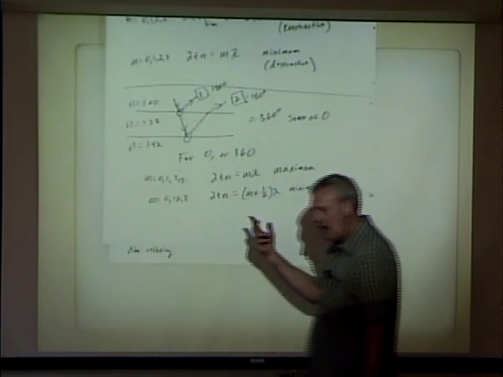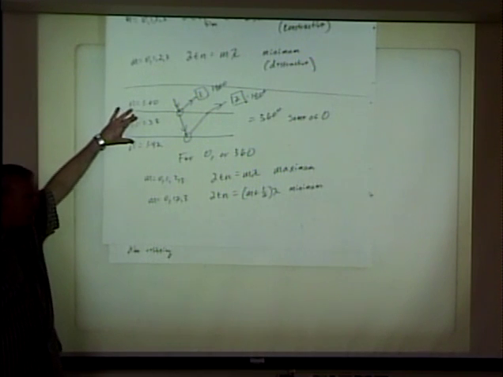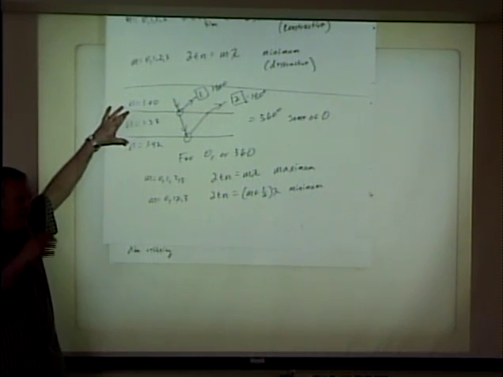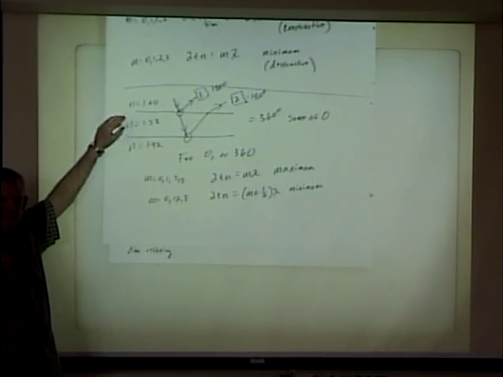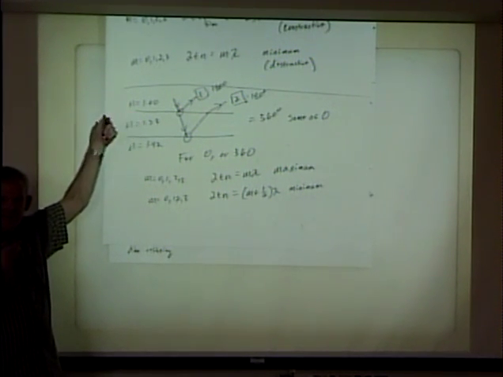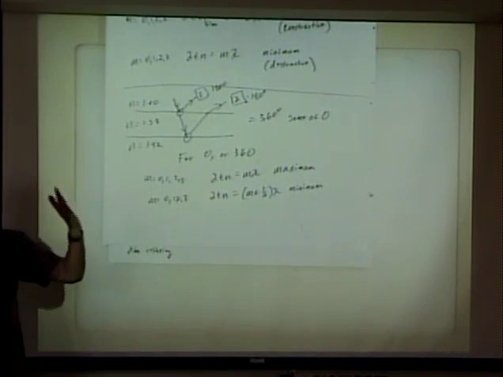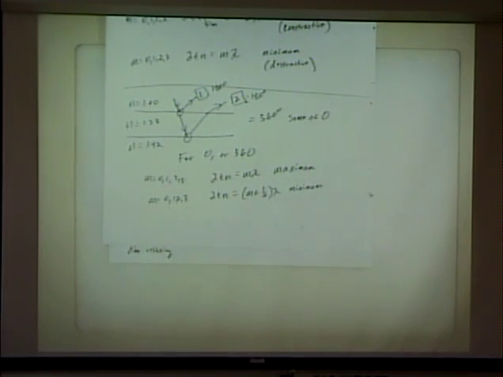For certain colors, there are certain thicknesses where I could see it, and those are going to be integral multiples of that wavelength. So this thickness can change all the time, but certain wavelengths give off certain spectra of light and all that kind of stuff.